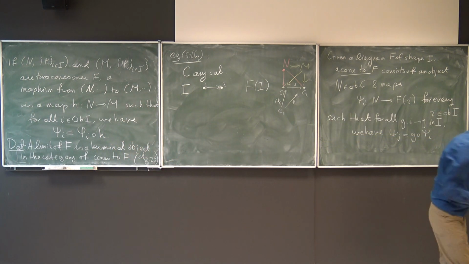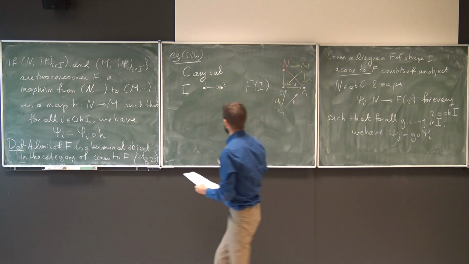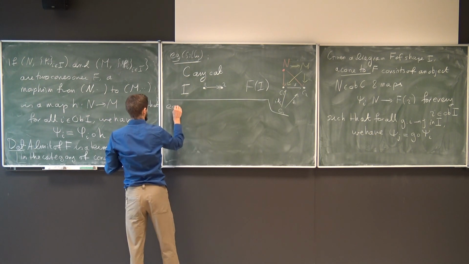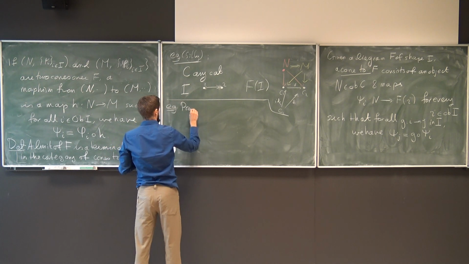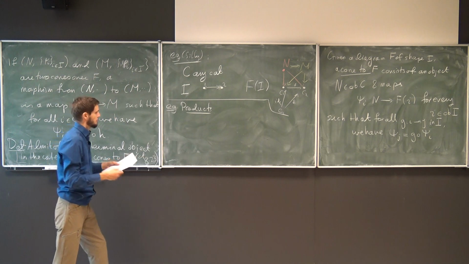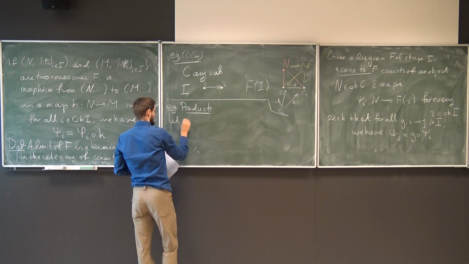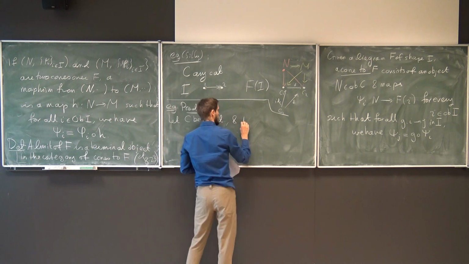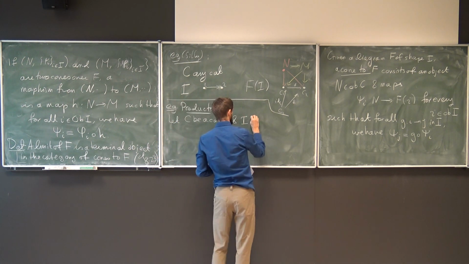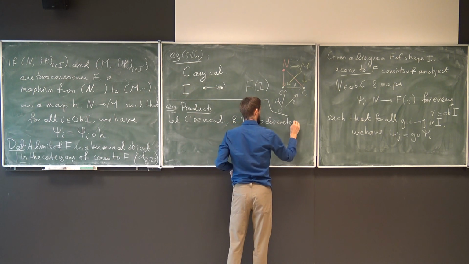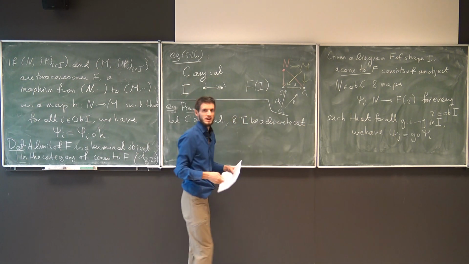So now let's do a more reasonable example. Let's do an example of products. So again, let C be a category, and our shape category is going to be discrete. What do I mean by a discrete category?